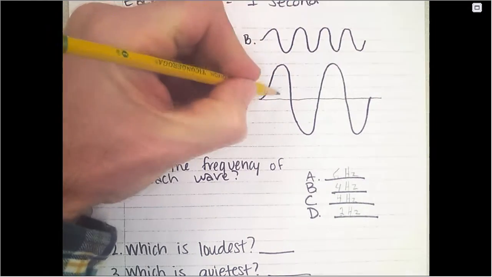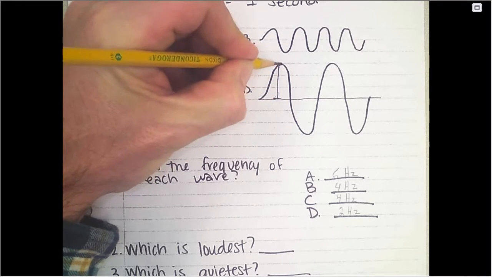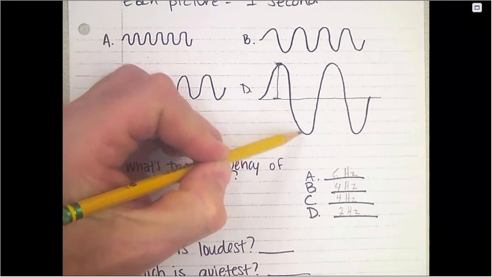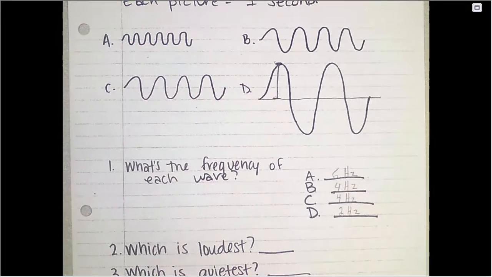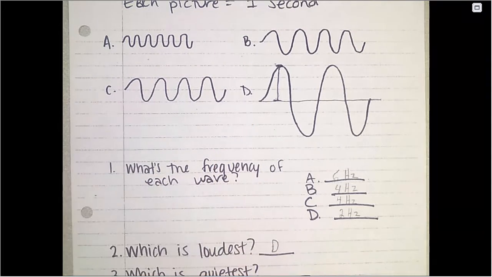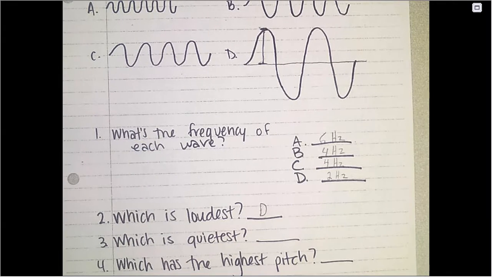We're talking about the distance from here to the crest. We're not talking about from the crest all the way down to the trough. We're just talking about that distance right there when we're talking about amplitude, which determines loudness. So clearly, wave D is the loudest because it's the tallest, has the highest amplitude.